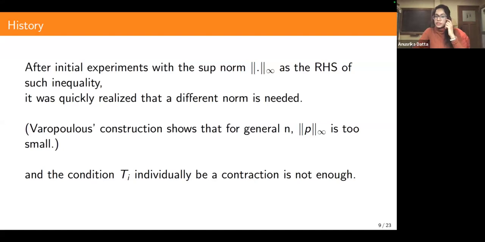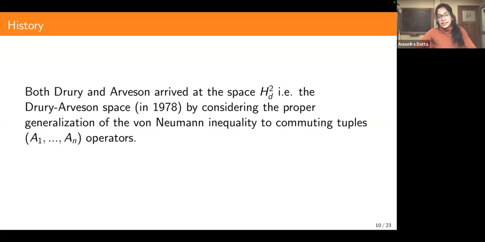So then both Drury and Arveson arrived at a space which they didn't name the Drury-Arveson space. They just arrived at a space where they could make those modifications. Later it was named the Drury-Arveson space, and surprisingly, Drury in 1978 and Arveson in 1998 both arrived at the same kind of space.